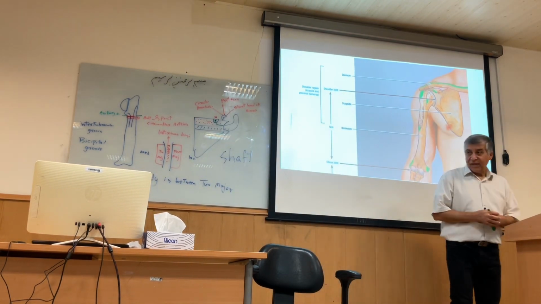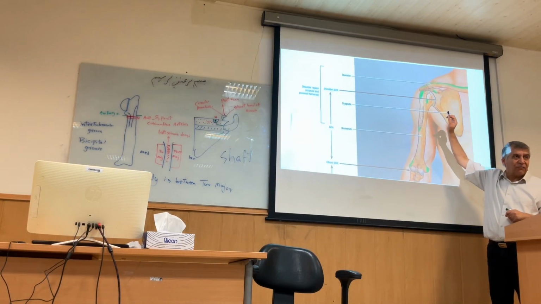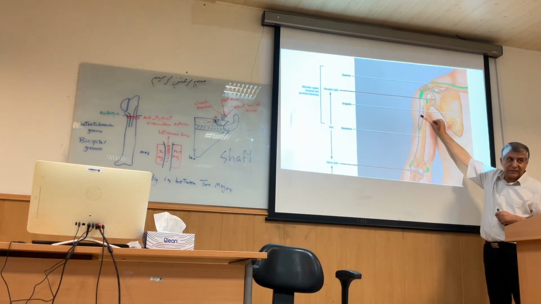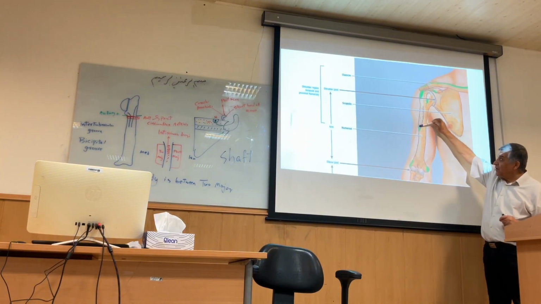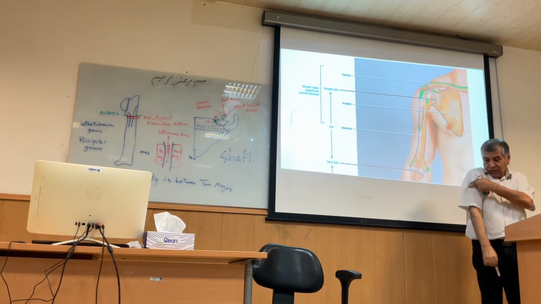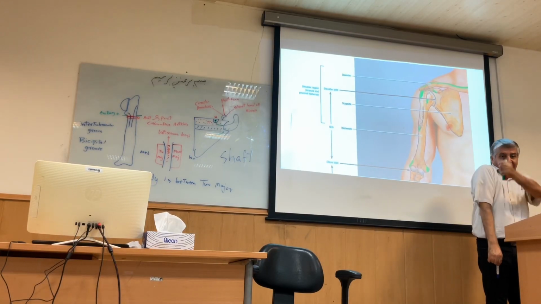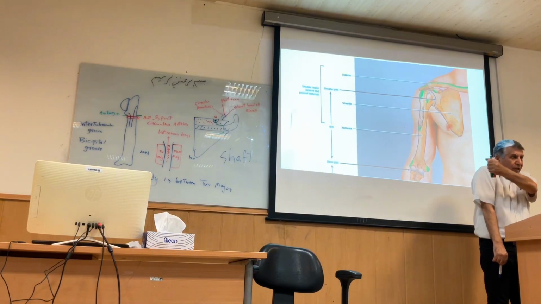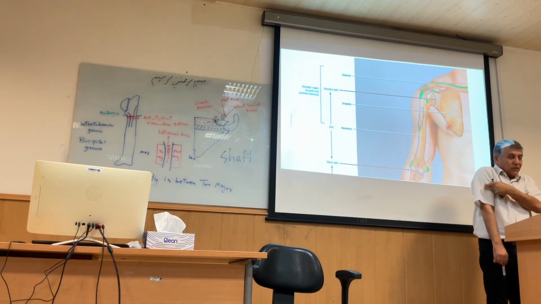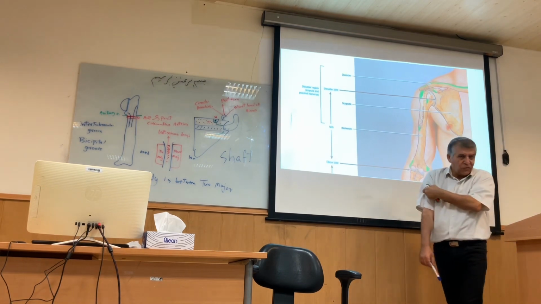Okay? Shaft or body of the humerus. In the midpoint of the lateral surface, there is a tuberosity for attachment of what? Deltoid muscle. This is called the deltoid tuberosity.